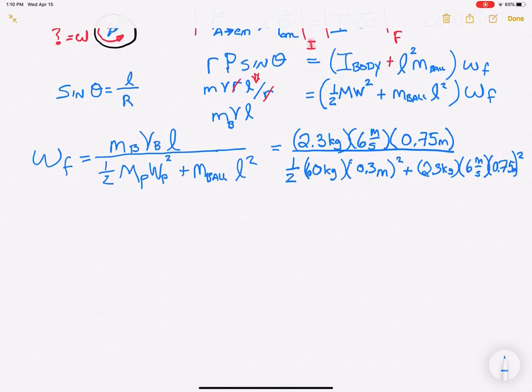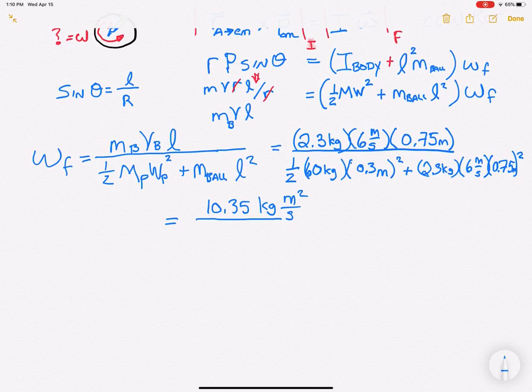Now, I don't know how much confidence you have in your calculator, but I don't have a whole lot of confidence in mine. So let's see, 2.3 times 6 times 0.75 gives me a numerator of 10.35 kilograms meter squared over second.